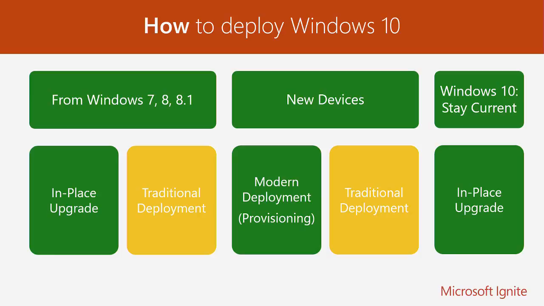So as a result, you do need to move to an in-place upgrade process to deploy Windows 10 feature updates. You can just do this one last round of wipe and load deployments to get to Windows 10. You can continue to do wipe and load deployments for brand new PCs, but after you're on Windows 10, staying current means in-place upgrade for feature updates.